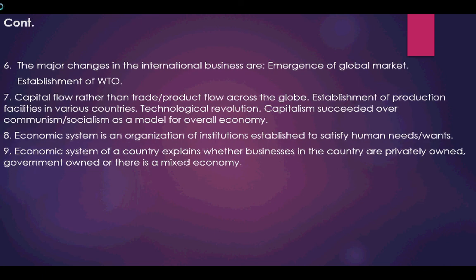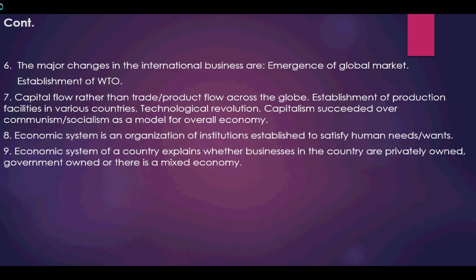The major changes in the international business are the emergence of global market and establishment of the World Trade Organization. Capital flow rather than trade products flow across the globe.